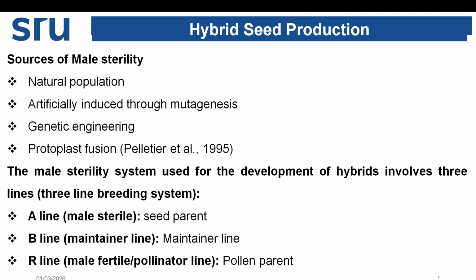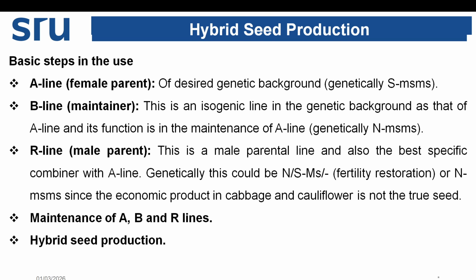Generally all these 3 lines are present in cytoplasmic genetic male sterility, CGMS. That is the A line, male sterile; the B line, maintainer line; and the R line, restorer or pollinator line. The A line is the female parent of the desired genetic background, genetically sterile.